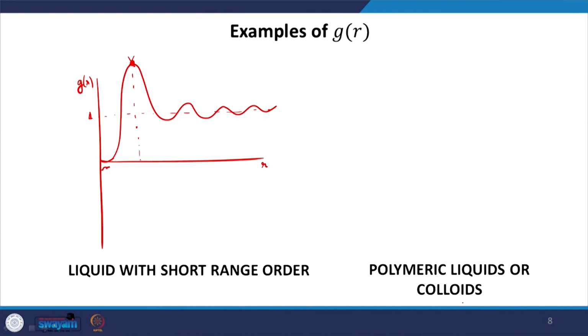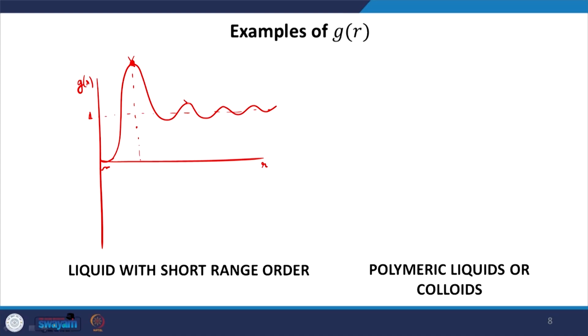Now, you will have neighbors of those neighbors, the second neighbor of the reference particle that we started with, that will give rise to another peak and another peak and so on as we look at second neighbor, third neighbor, fourth neighbor and so on.